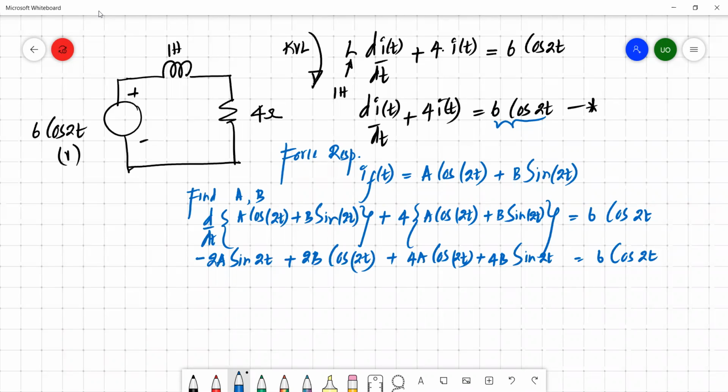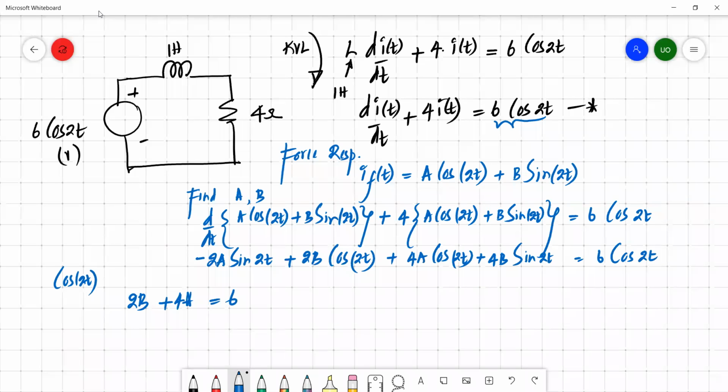So then you can equate these coefficients of cosine and sine. So for cos 2t, if you equate the coefficients on the right hand side with the left hand side, we have 2b plus 4a equals 6.